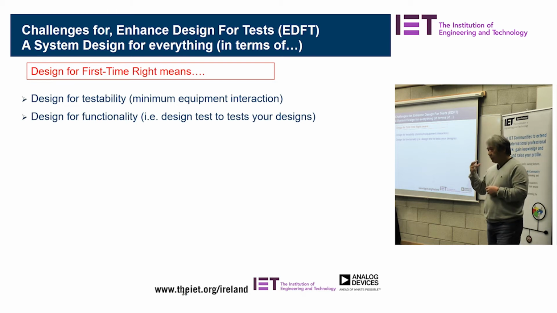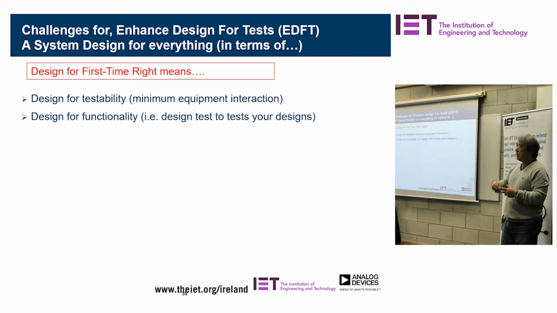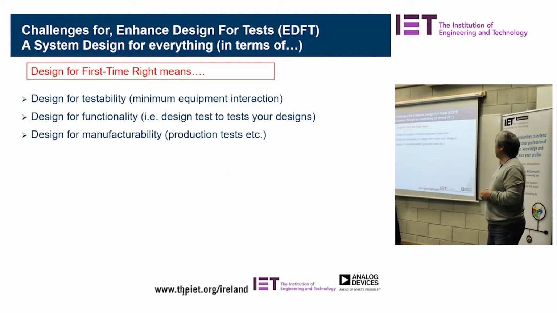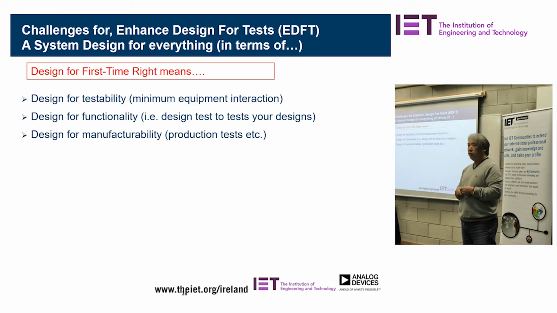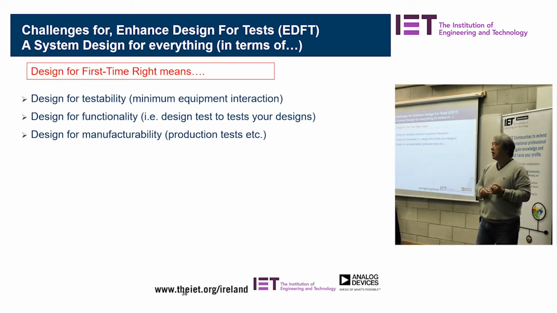No matter how good your design is, you need to design your test without breaking the bank on expensive equipment. And then you have design for manufacturability in production tests. Some tests take about half a day to a day to test the design, but actually you can improve this way, way faster.